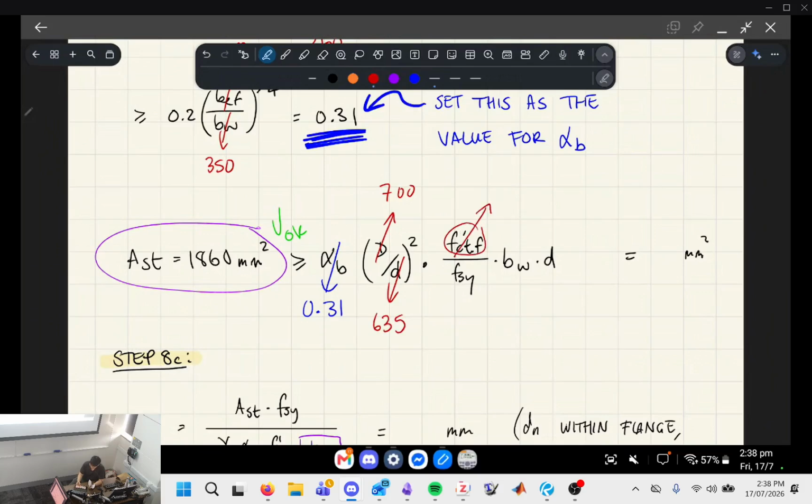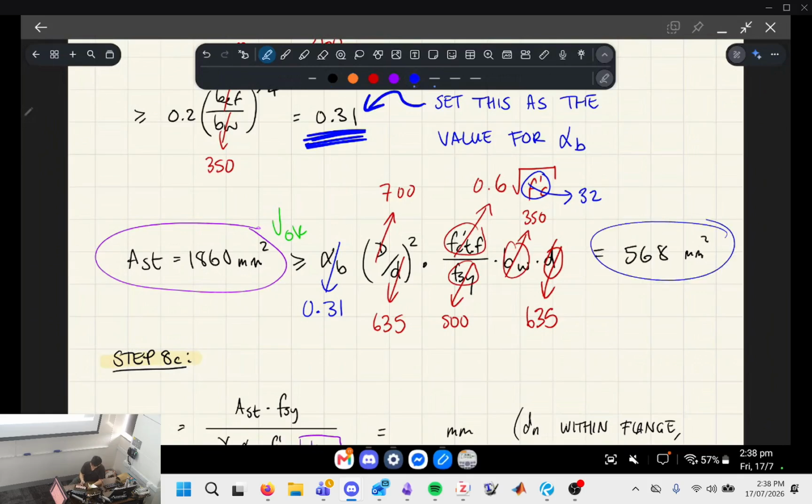And then your flexural tensile strength, remember that's got an empirical formula in the standards of 0.6 square root F-C. F-C was 32. FSY is 500, so that's the yield strength of our steel. BW, we know that. D, this should be this number. And then all that is equal to 568. So the idea is that since this is greater than this, we're okay.